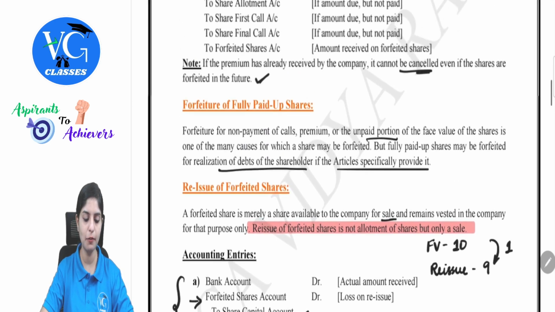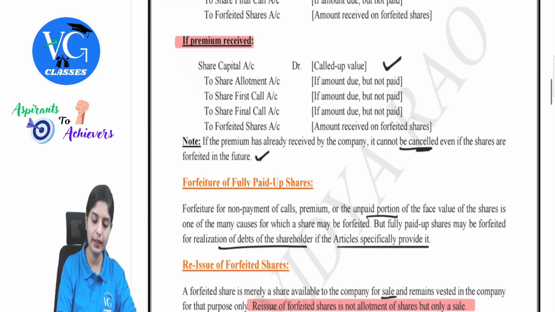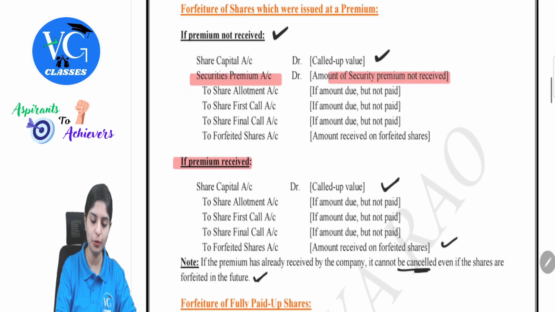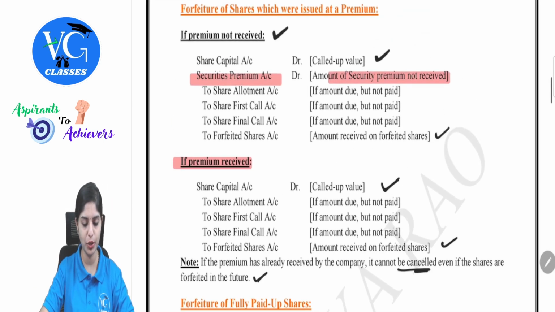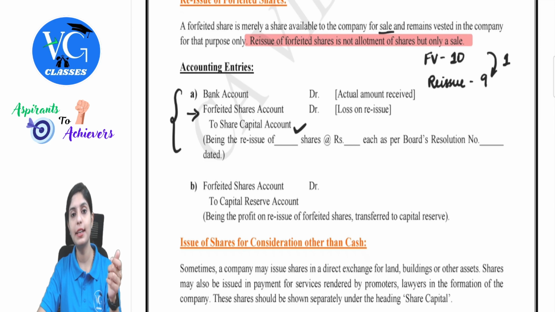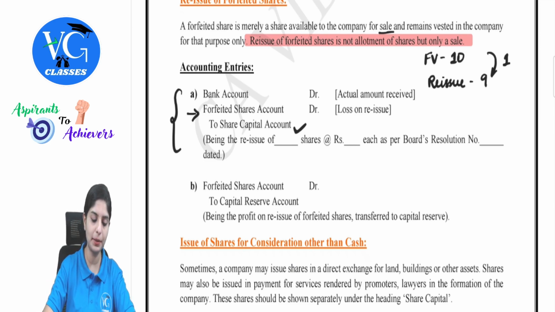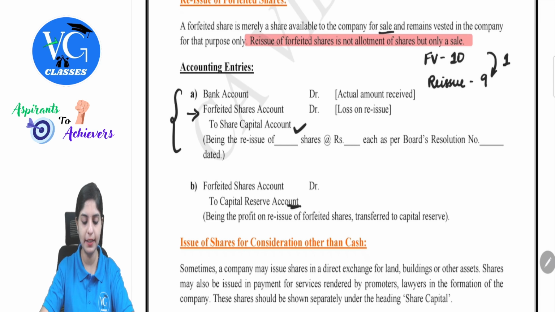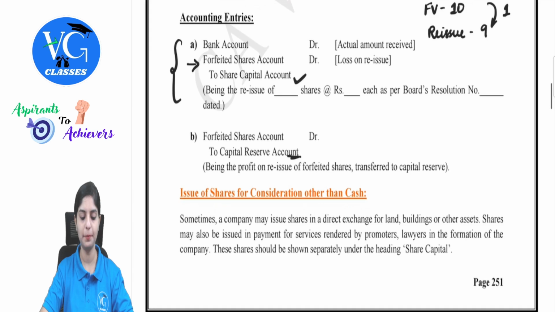So imagine in the forfeiture, everywhere you are crediting the forfeited shares account, be it whatever situation. Now, when the shares are reissued at discount, we are using it on the debit side. Any balances left out will be transferred to an exclusive reserve account called capital reserve. So, forfeited shares account debit to capital reserve will be the entry, being the profit on reissue of forfeited shares transferred to capital reserve. So this will be the reissue entry.